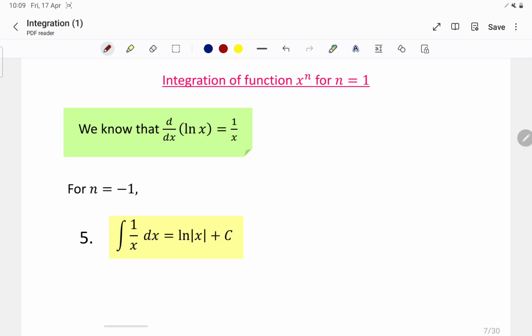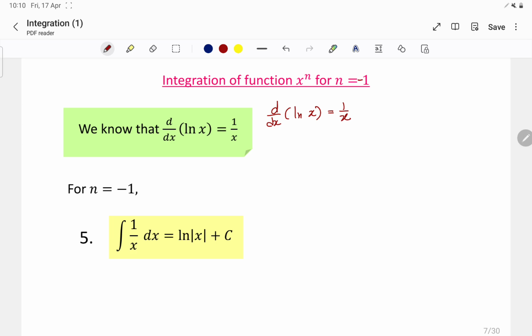We proceed to the next one, where we have when n is equal to -1. Before this, when we learned differentiation, when you differentiate ln x, if you follow the rule, you will get 1 over x.